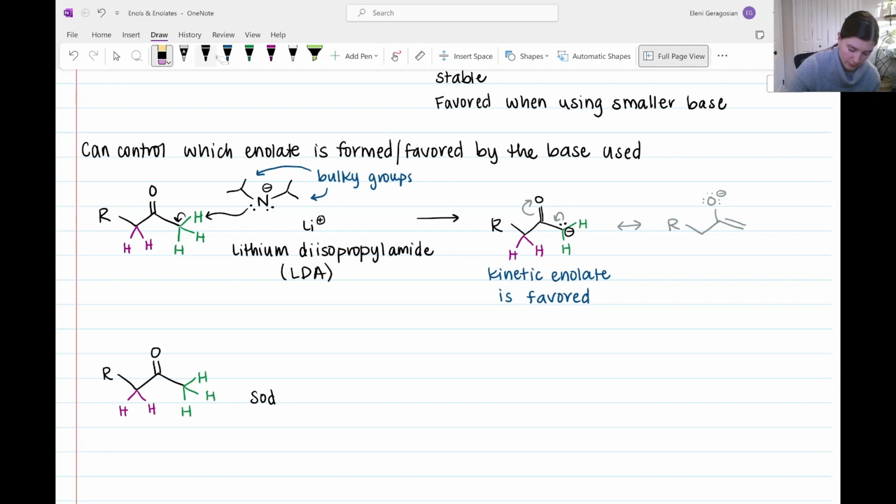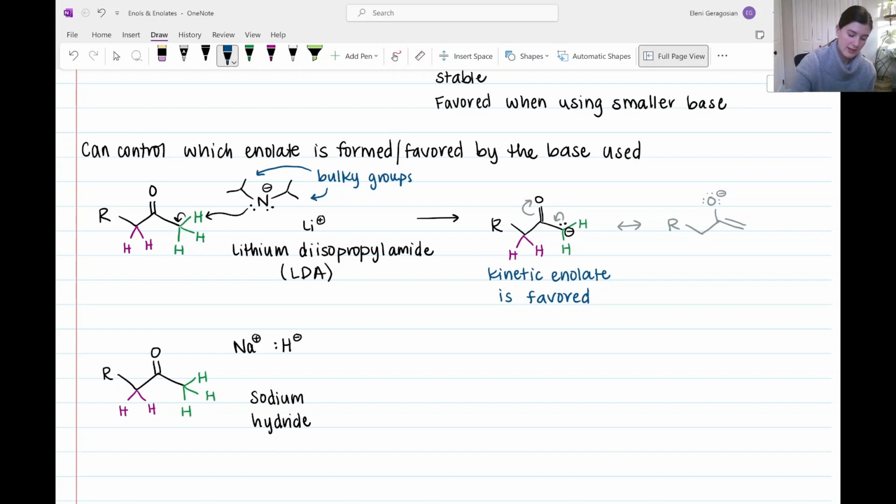We've seen this base before. We have sodium with a +1 charge, and then hydride, hydrogen, with a pair of electrons and a -1 charge.